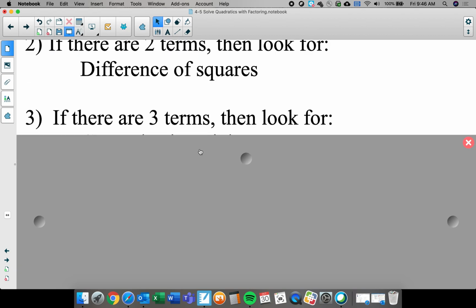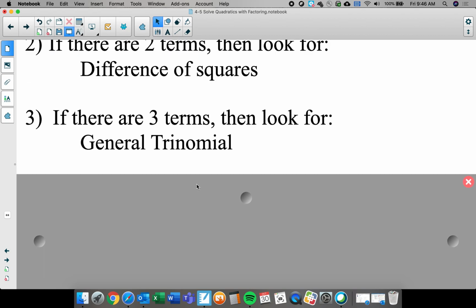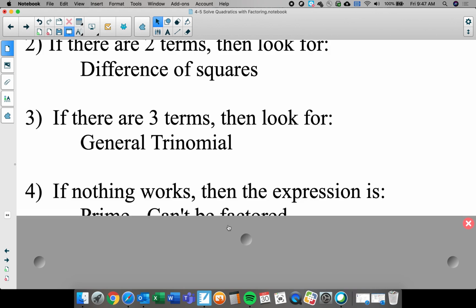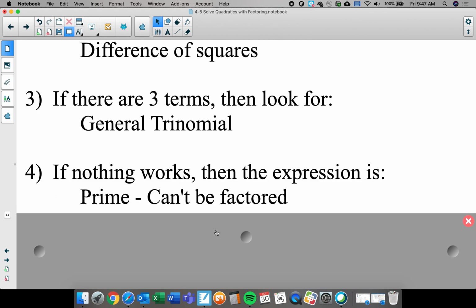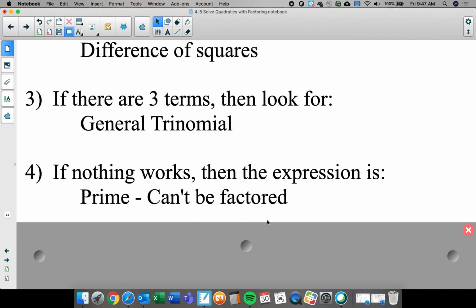If there are three terms, then you want to think of general trinomial factoring, where you put down the two sets of parentheses and you start figuring out what combination works to get the right set of factors. So that's your general trinomial. If nothing else works, then the expression is prime and cannot be factored.